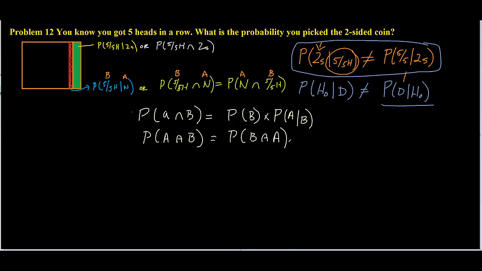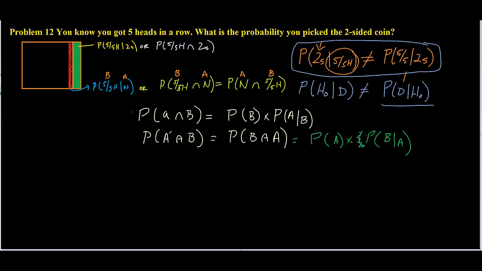So if we write this down, the probability of B and A, what will that equal? That will equal the probability of A times the probability of B given that A has happened.